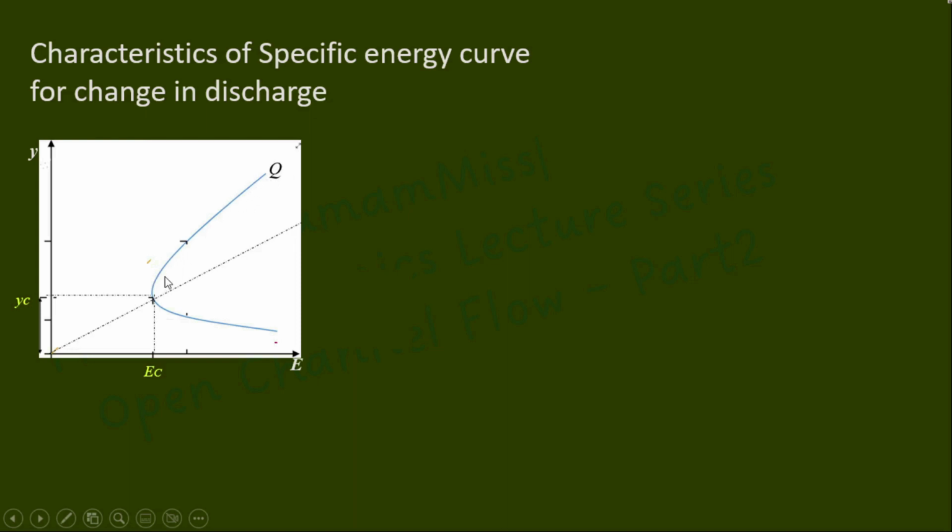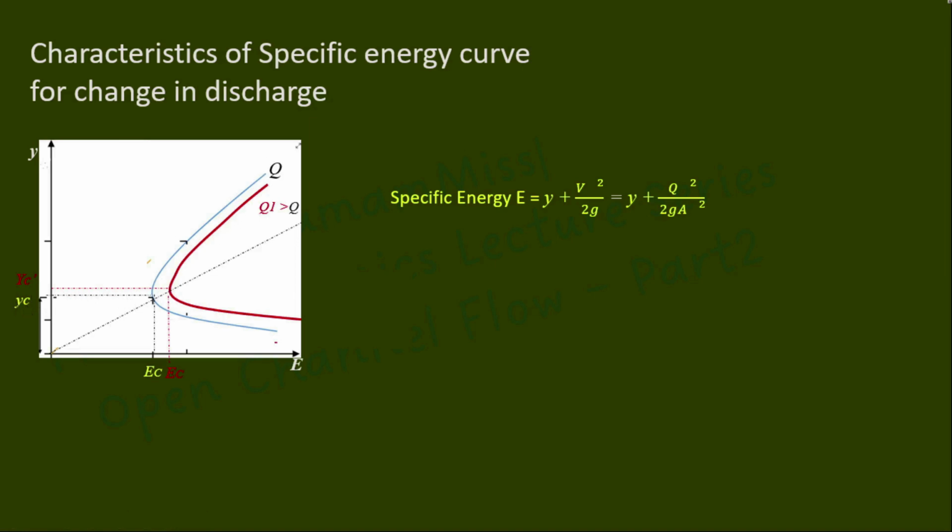This curve represents the specific energy curve for this discharge Q. When discharge increases, that is Q1 higher than Q, the specific energy curve shifts forward in such a way that the critical depth corresponding to the minimum specific energy is higher than the earlier critical flow depth corresponding to Q. Similarly, if discharge decreases, the specific energy curve shifts back in such a way that the critical flow depth corresponding to the minimum specific energy is less than the earlier one, which corresponds to the discharge Q. To conclude, for a given channel section, critical flow depth changes with a change in discharge.